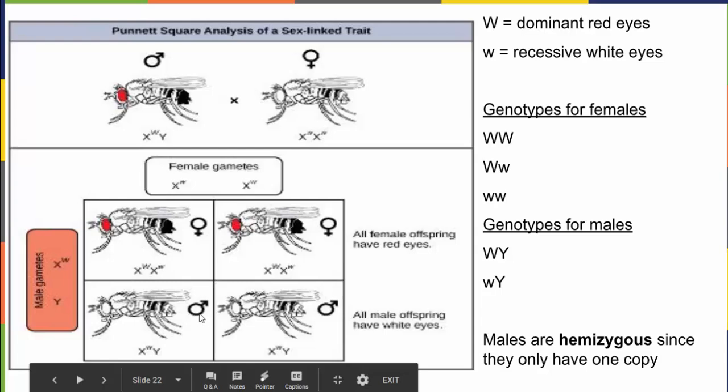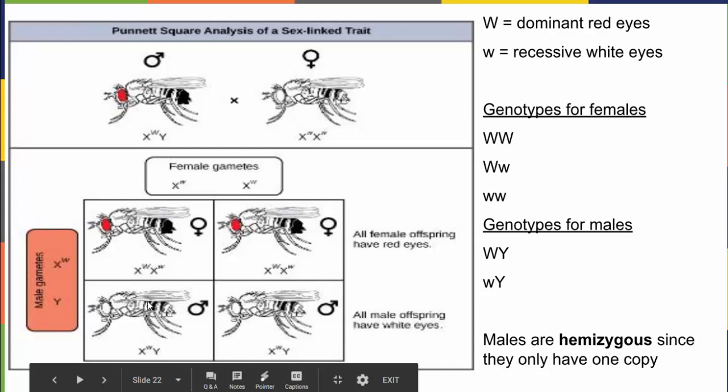The bottom row here, they got the Y from dad, so both of them are going to be XY, so that's why they have the male symbol here. They're going to be male. And because the X that they got from mom, this guy here, is the little w, he has white eyes. And this one got this little w, which means he has white eyes, because that's the only one he has.